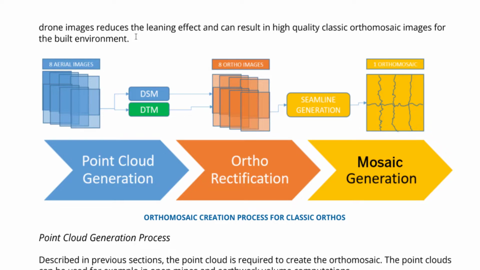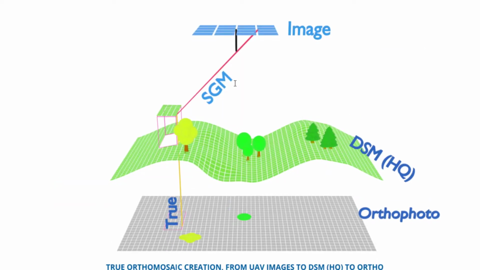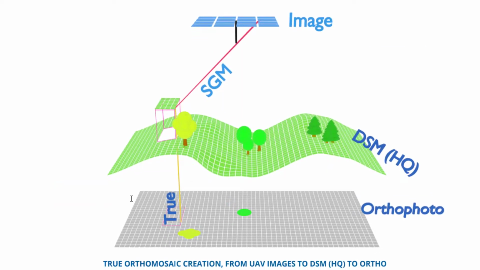The same procedure also happens when you generate a digital surface model. So from 8 aerial images, we will generate 8 orthophotos, but this time our point cloud is not staying on the ground, but tries, in this case, always to be on top of objects, here shown by this building.